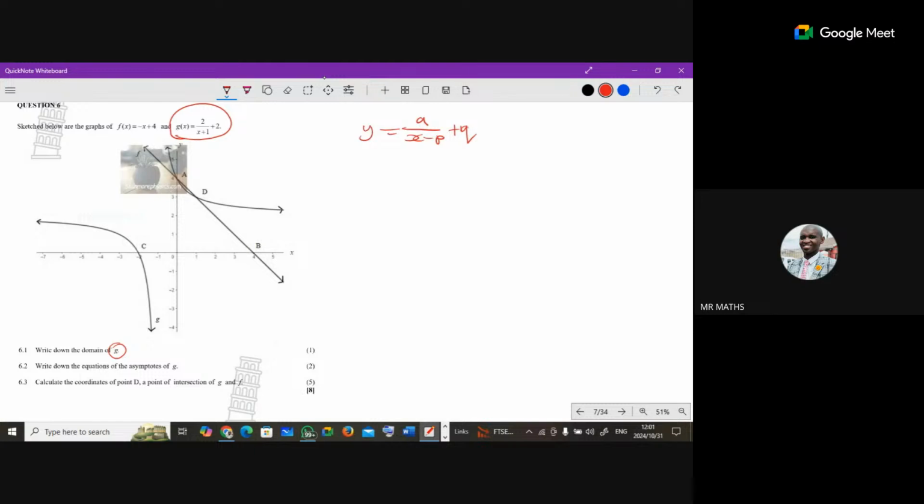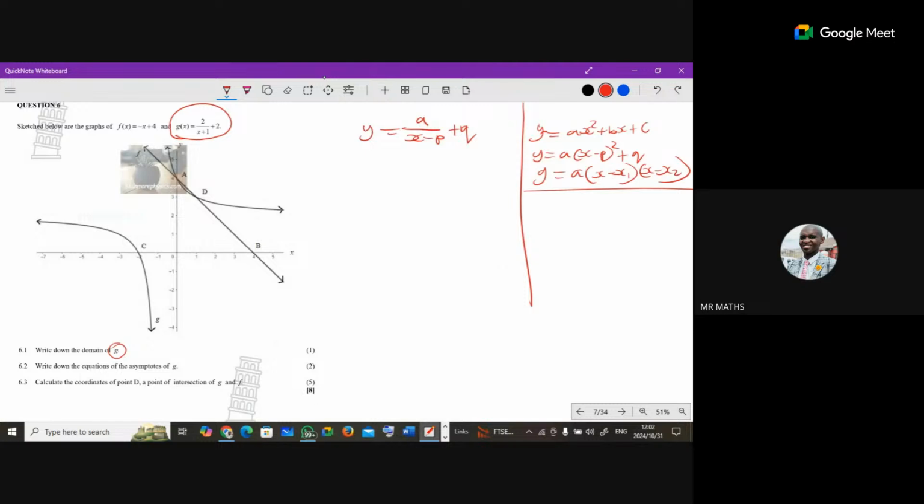The same applies to a parabola: y is equal to ax squared plus bx plus c, or y is equal to a into x minus p squared plus q, or y is equal to a into x minus x1 into x minus x2. So these are the equations for the parabola and the hyperbola.